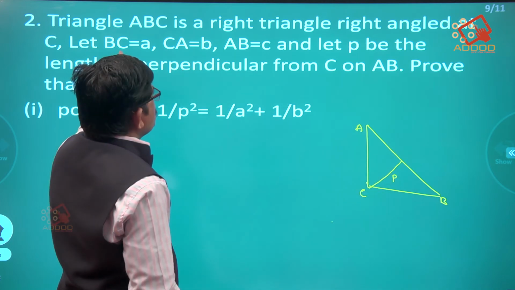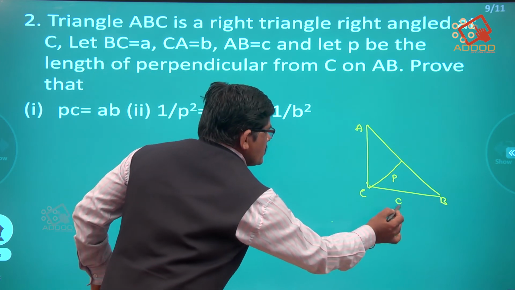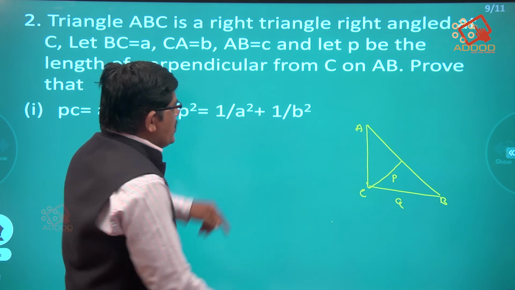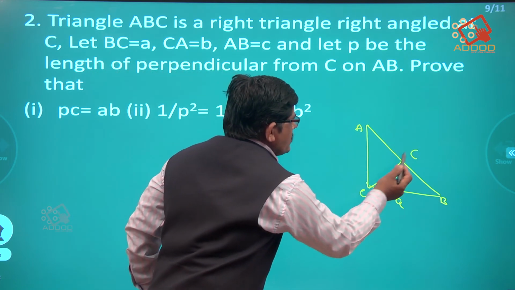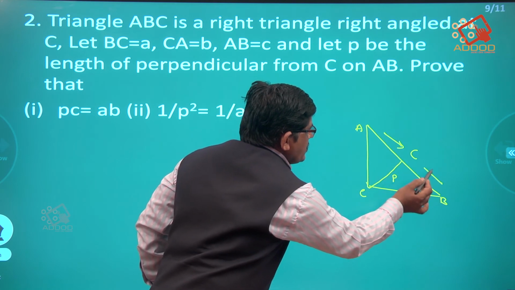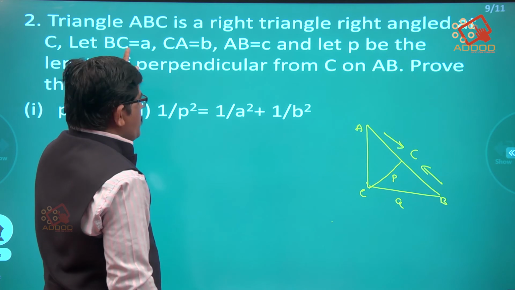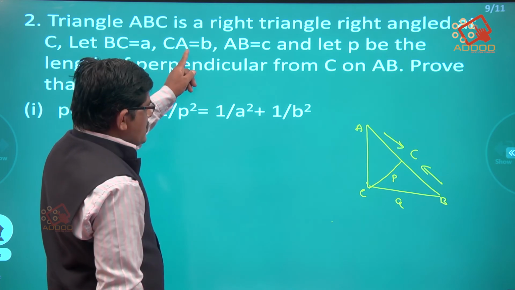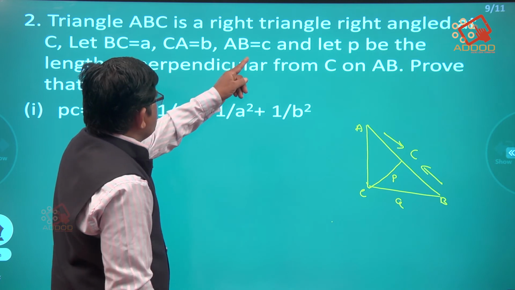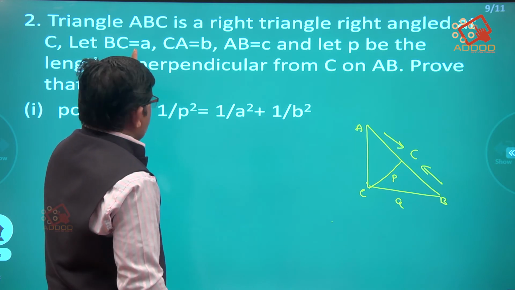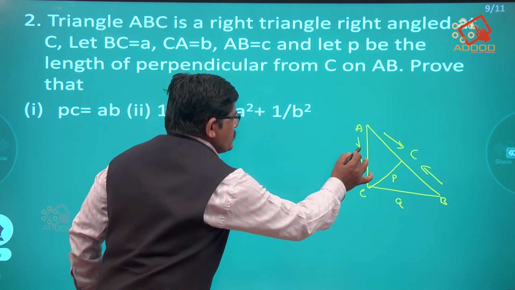Here in this question, BC is equal to a. It is the measurement of the length. And AB is equal to c, the length is given as c. AC is equal to b, the length is given as b.